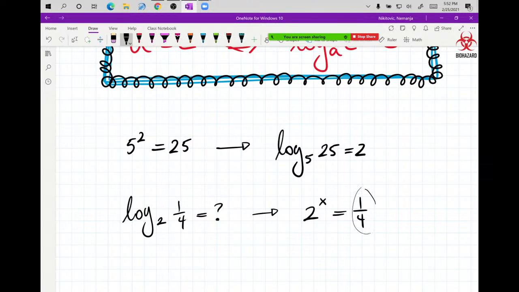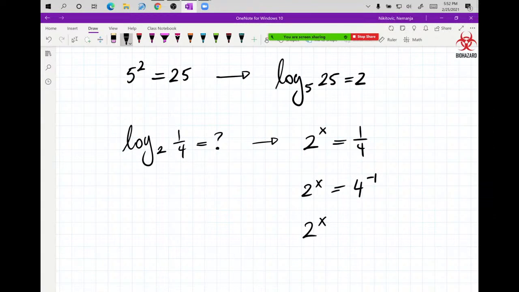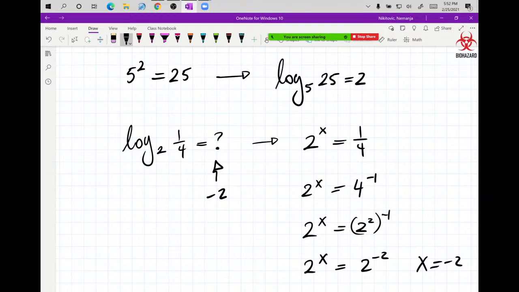Is there a way for me to make this a base 2? Yeah, I can write this as 4 to the minus 1, and then I can write it as 2 squared, and then by the properties of exponents, those two multiply. Aha! So that's -2. Awesome.